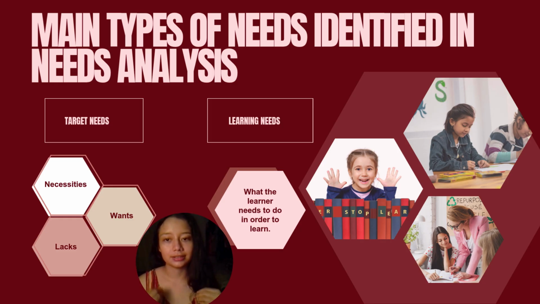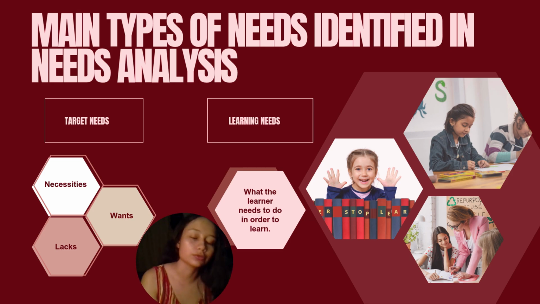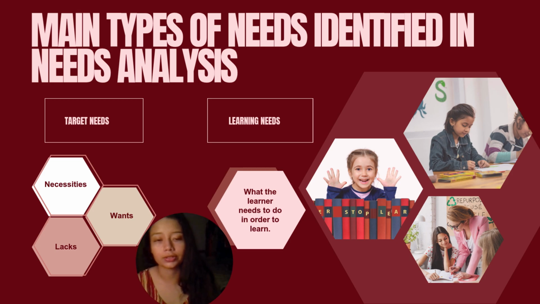So, in needs analysis, we usually talk about two main types of needs. The first one is the target needs, which refers to what the learners need to be able to do in real situations after the course ends.